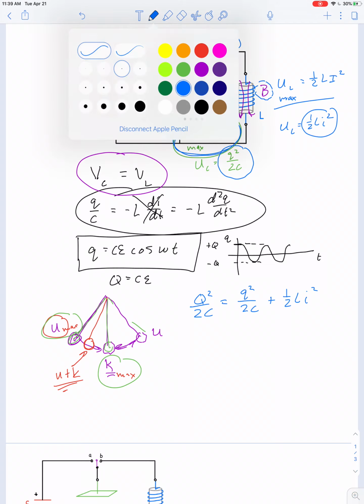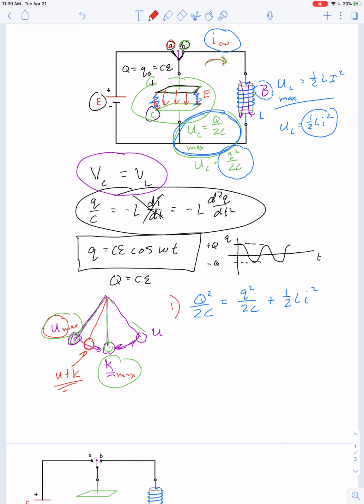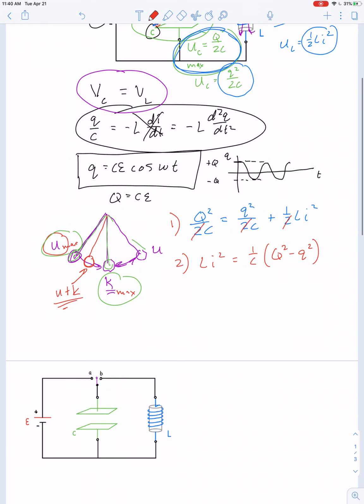Let's multiply through by 2 so we can cancel that out in every term. And then we get L i squared is equal to 1 over C times the quantity capital Q squared minus lowercase q squared. Or i squared is equal to 1 over LC times capital Q squared minus lowercase q squared.